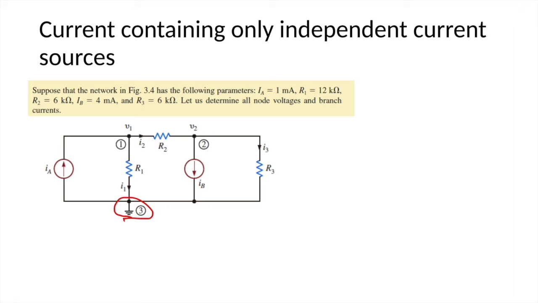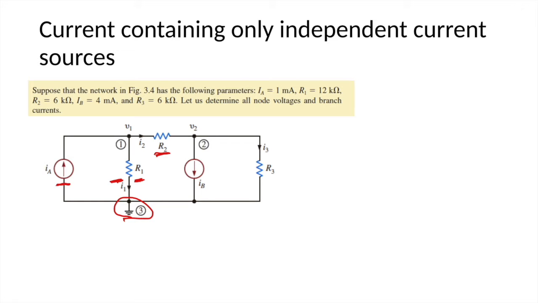For node 1, let's write KCL. There are two resistors connected with node 1, and there's a current source connected with node 1.